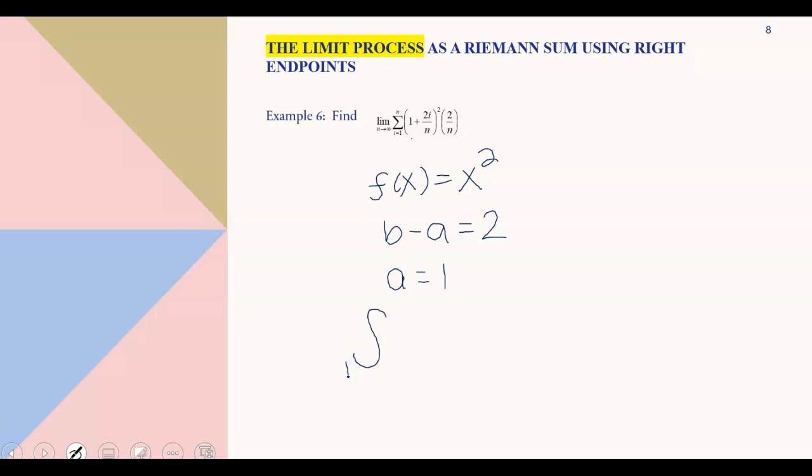My b minus a is 2. So if a is 1, b minus 1 equals 2, so you add 1 to the other side, and b must equal 3. My f of x is x squared.